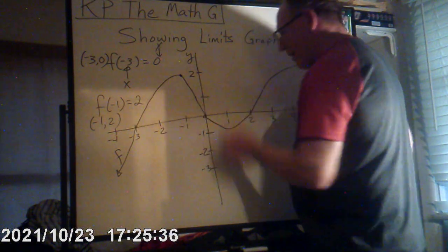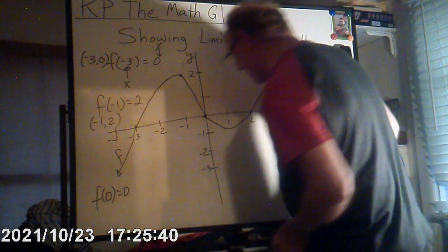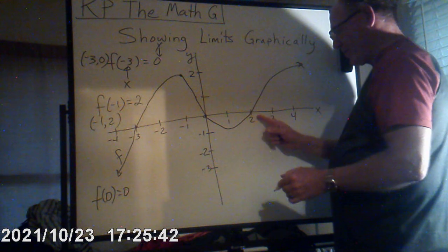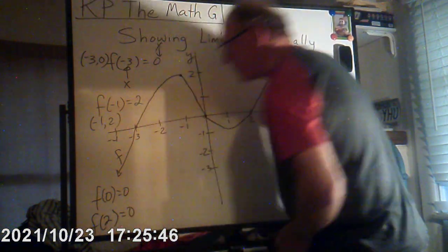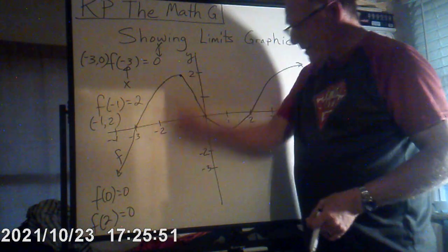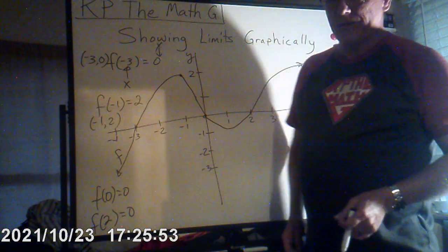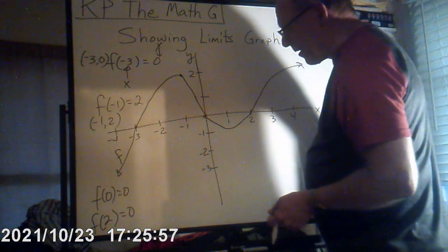Here's f at 0, which is 0. We also have another one that's at 0. It's 2. Alright, f at 2 is also 0. Actually, we got 3 of them. So f at -3 is 0, f at 0 is 0, f at 2 is 0. I just kind of designed it that way.